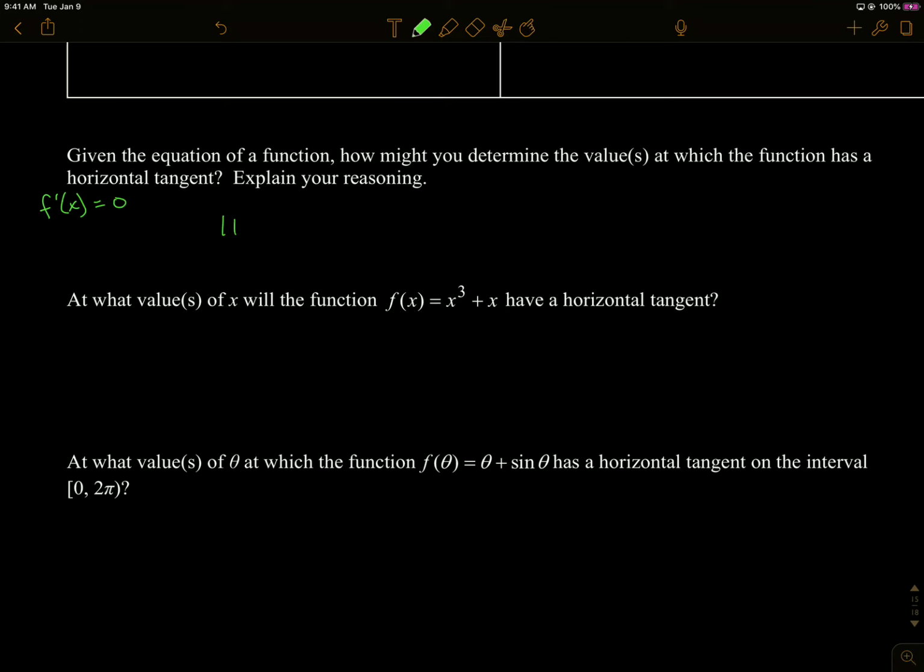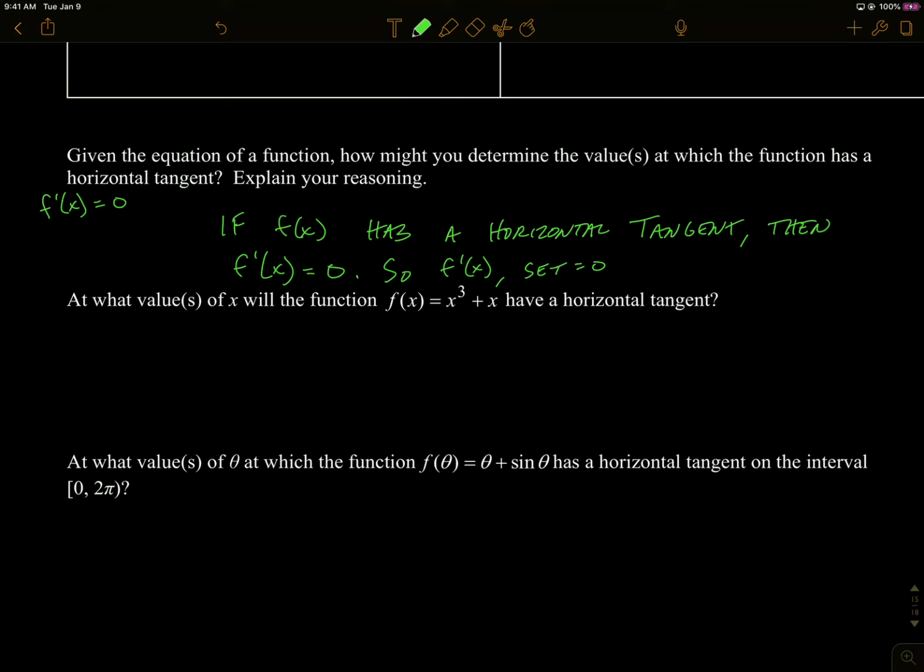All right, so if f of x has a horizontal tangent, then f prime of x equals 0. So what we're going to do is find f prime of x, set it equal to 0, and solve.